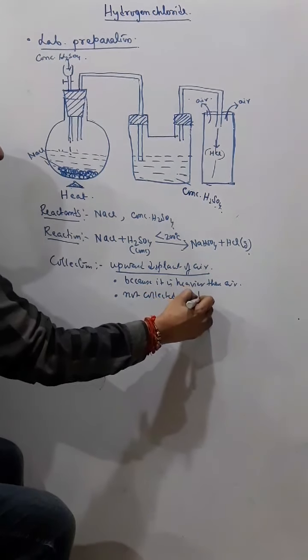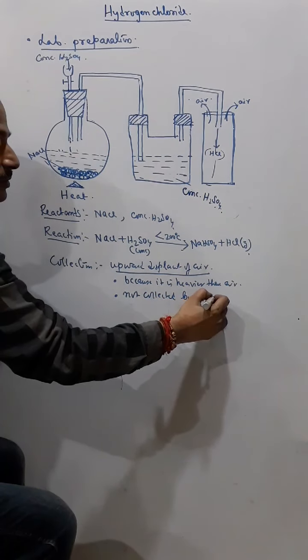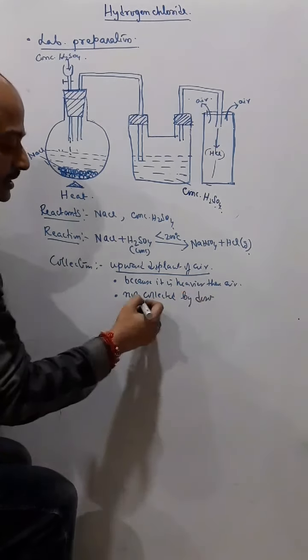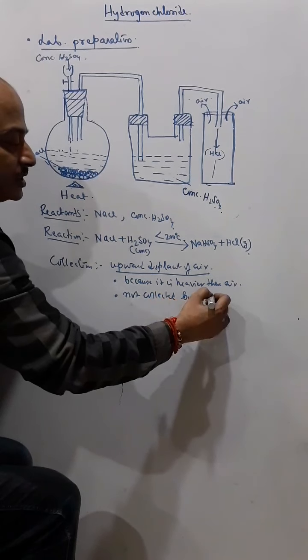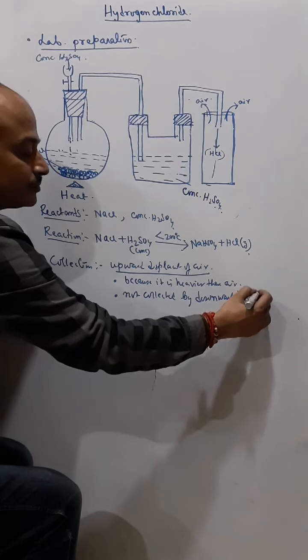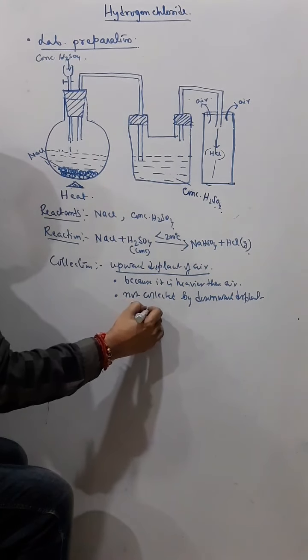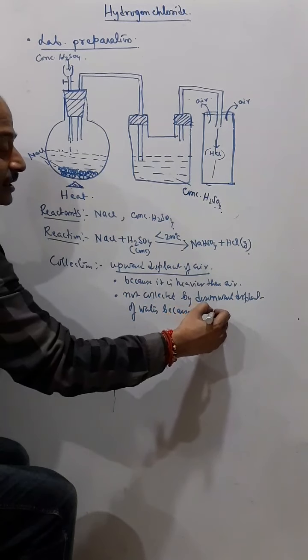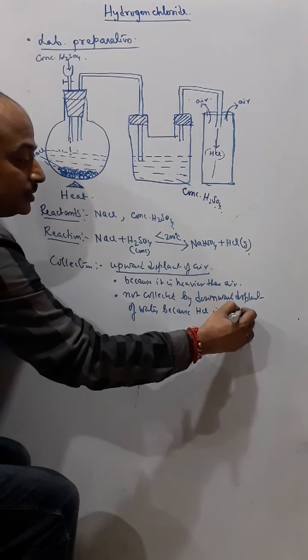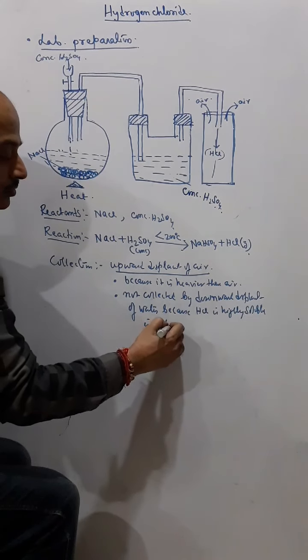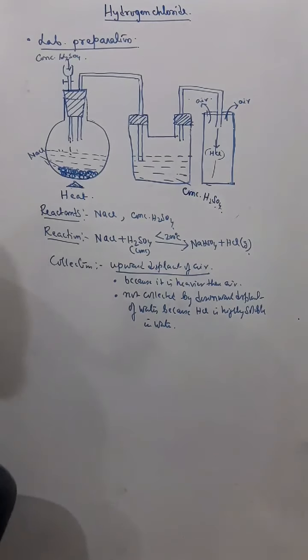Generally most gases are collected by downward displacement, but this gas cannot be collected by downward displacement of water, because HCl is highly soluble in water.